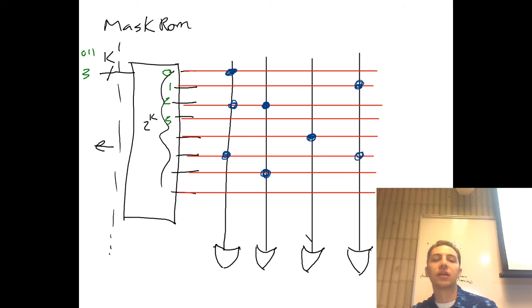So this line is activated. It's driven high. It sees a 1. Now, is it connected at any of these 4 points? No, it's not. So the only thing this sees is a bunch of zeros. So as a result, what do we get out of that? We get 0, 0, 0, 0. That corresponds to what is stored at location 3.